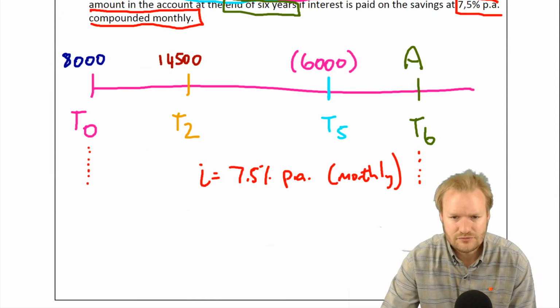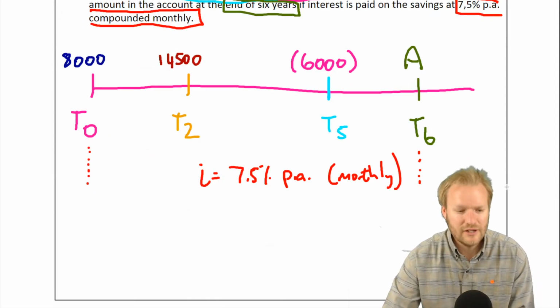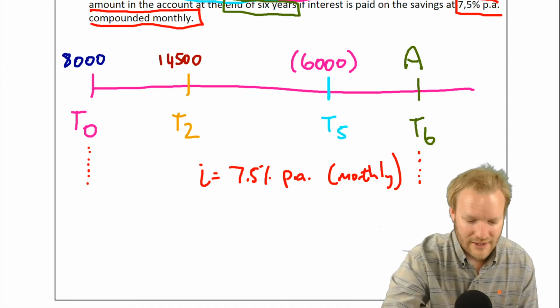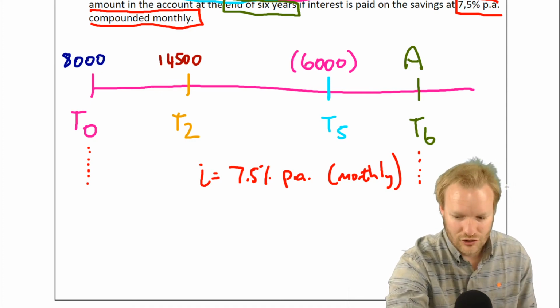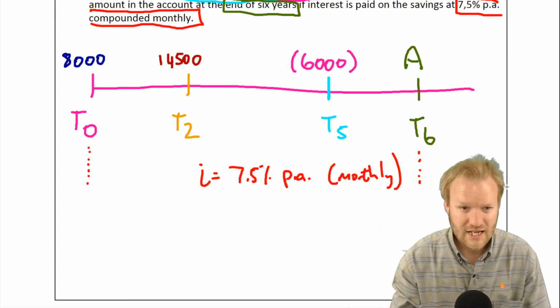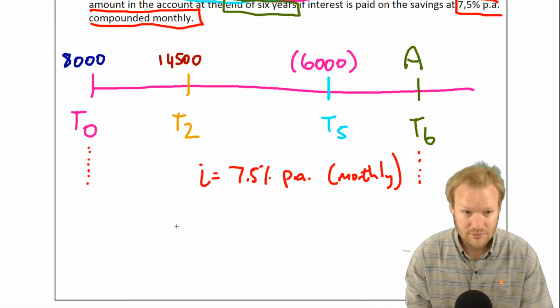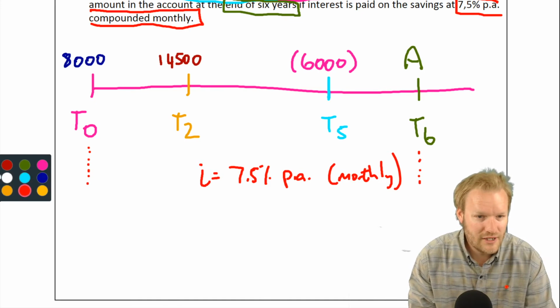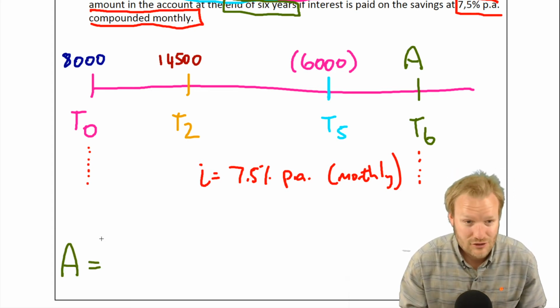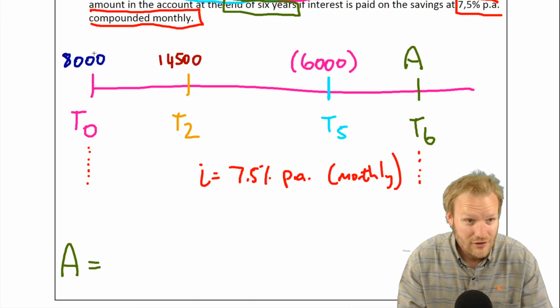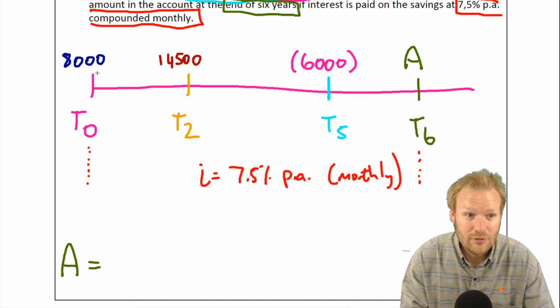Okay, so now let's work out how much money there is in the account. And I'm also going to show you a nice way of saving time in the calculator in this one as well. So our accumulated amount, we went green for that. Our accumulated amount is, and this is interesting, the 8,000 Rand we're putting in the account for the whole time.